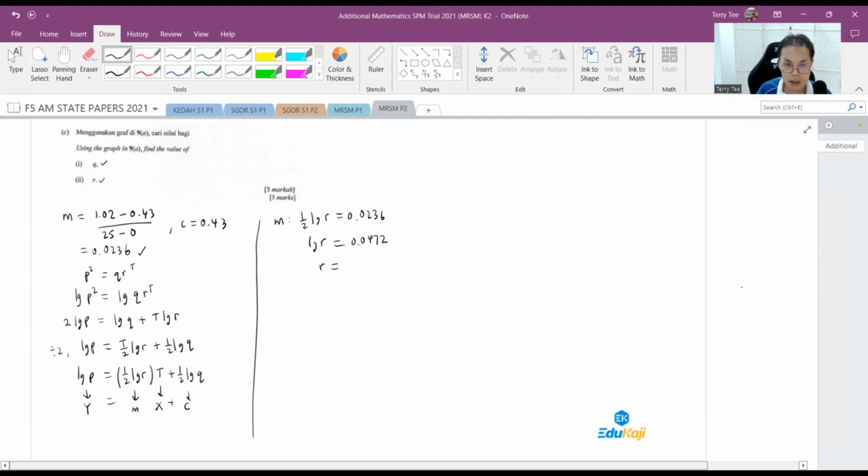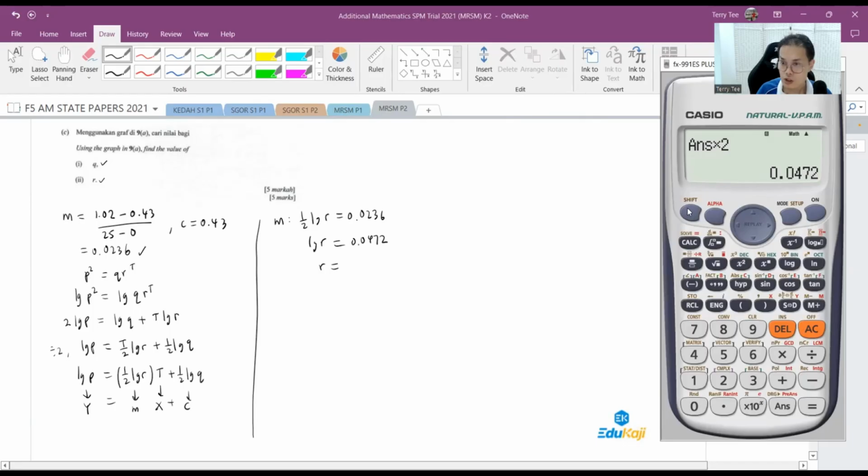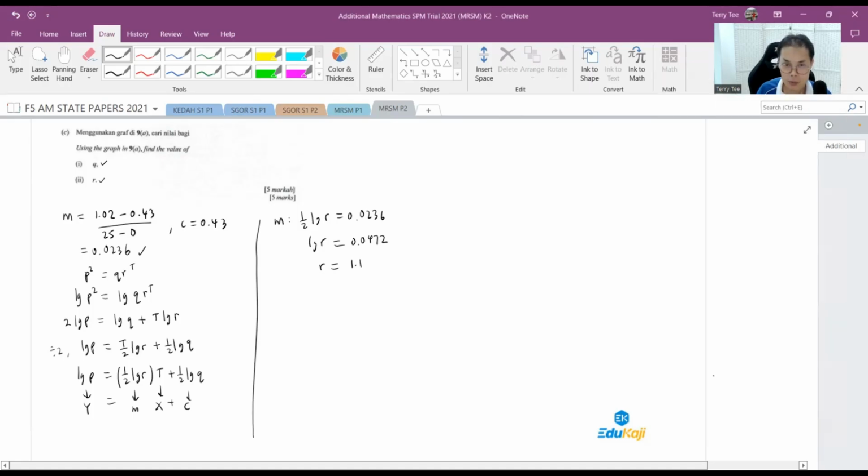To find r, I just anti-log. Anti-log means shift log, answer equals 1.115. Yeah, my r is 1.115. Now remember, if your gradient is slightly different, like 0.024 or 0.023, your answer for r will be different as well. But usually a small difference is okay, right?